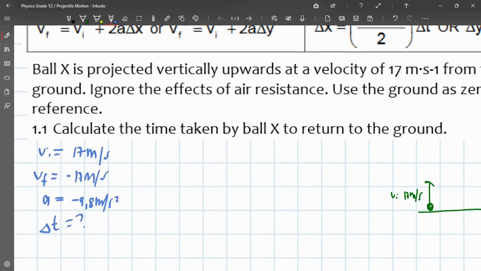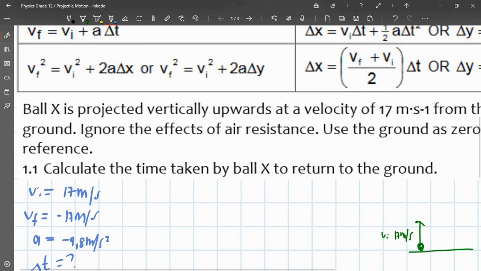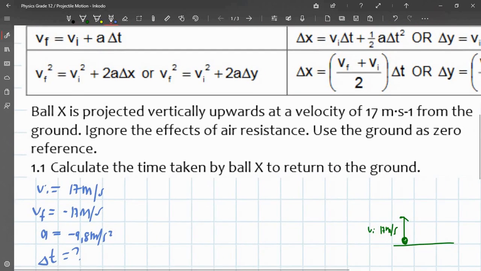Right, so it's quite straightforward. We have final velocity, initial velocity, acceleration, and change in time. Which of these equations can we use? We're not really looking for position, so you don't have to worry about any of the ones with position. We could use this here? No, we couldn't, there's nothing to deal with time there.